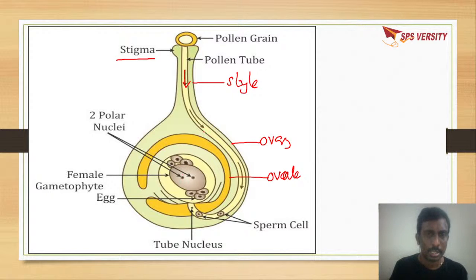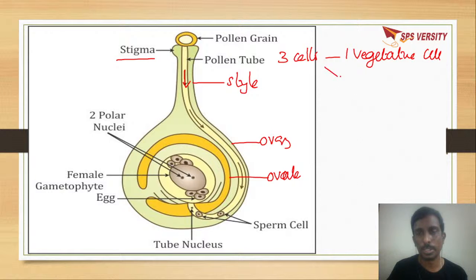So here from stigma, style, ovary, ovule, it will enter into the embryo sac which is present inside the ovule. When it started its journey, the pollen tube has 3 cells, one vegetative cell and 2 male gametes.